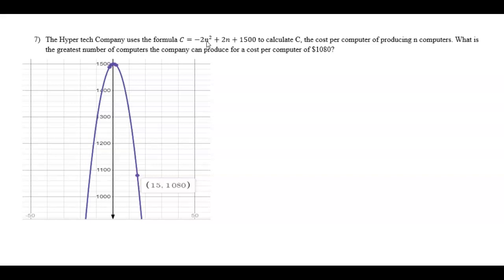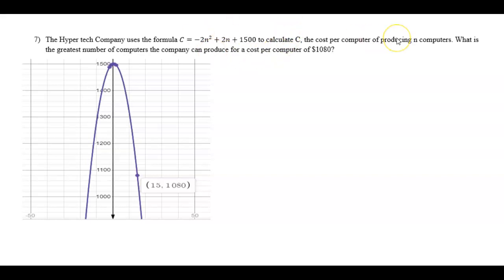So n is the number of computers, and C is the cost. If you produce one computer, you put 1 for n, and that will give you how much money you're going to spend. If you produce 10 computers, you put 10 here, and that will give you how much money you're going to spend.